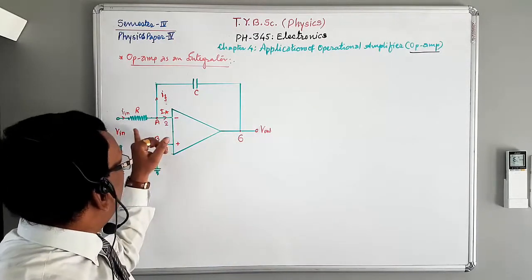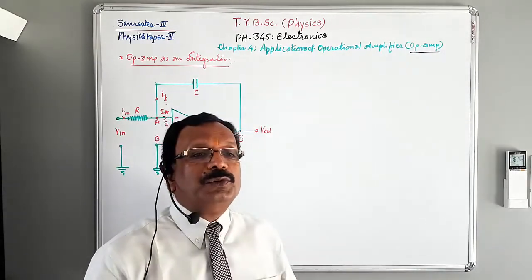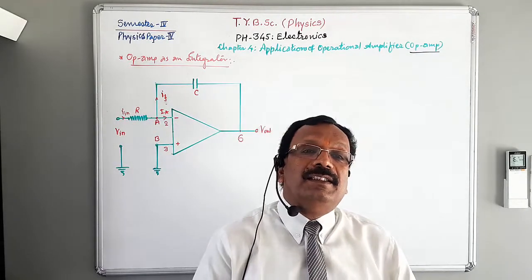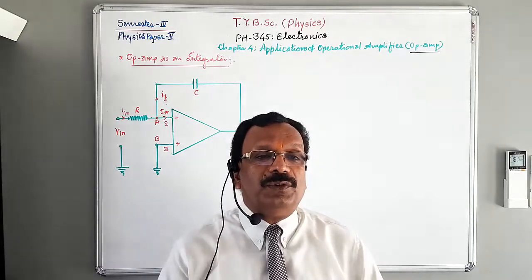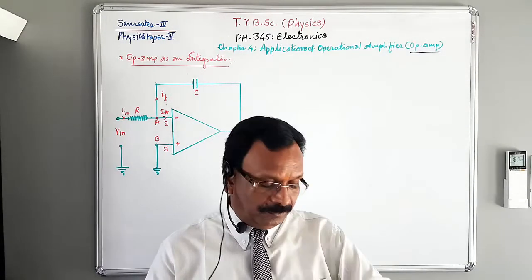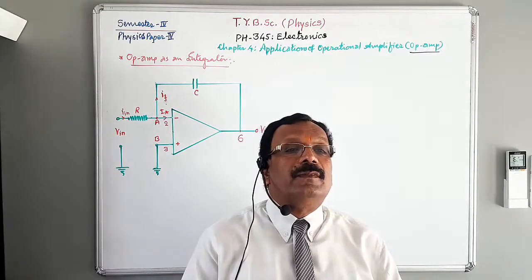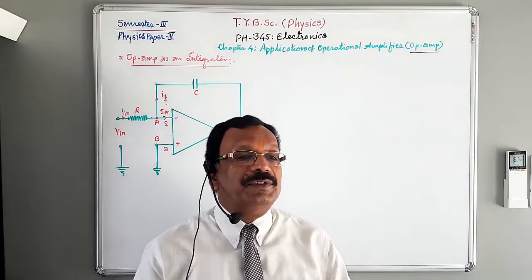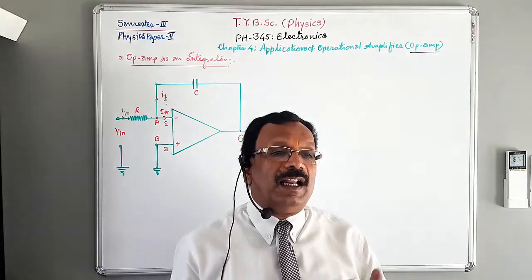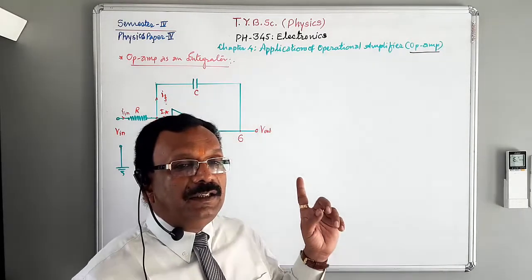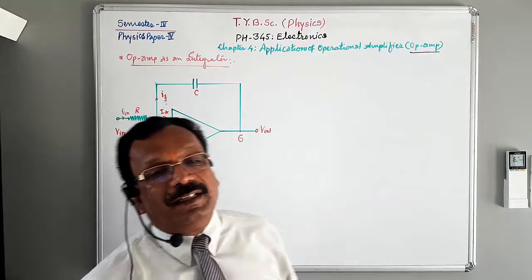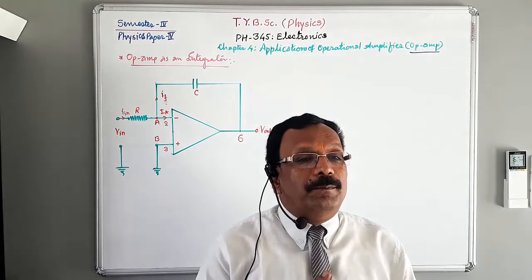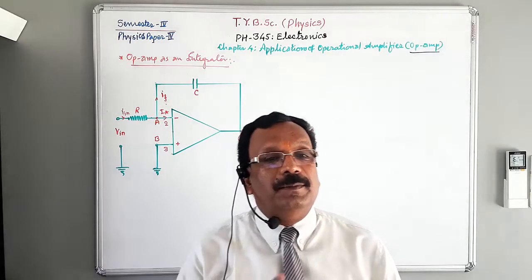Since no current flows through the input terminal of an ideal op-amp, all currents from the signal source arriving at the inverting input, that means at point A, must flow through the feedback path.